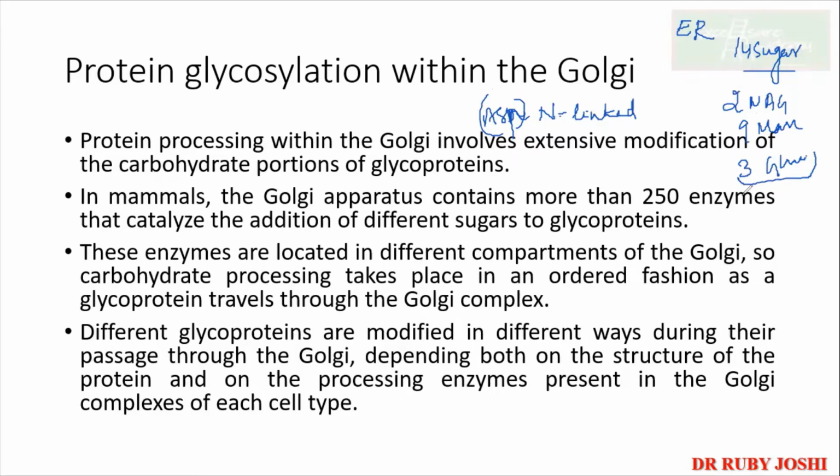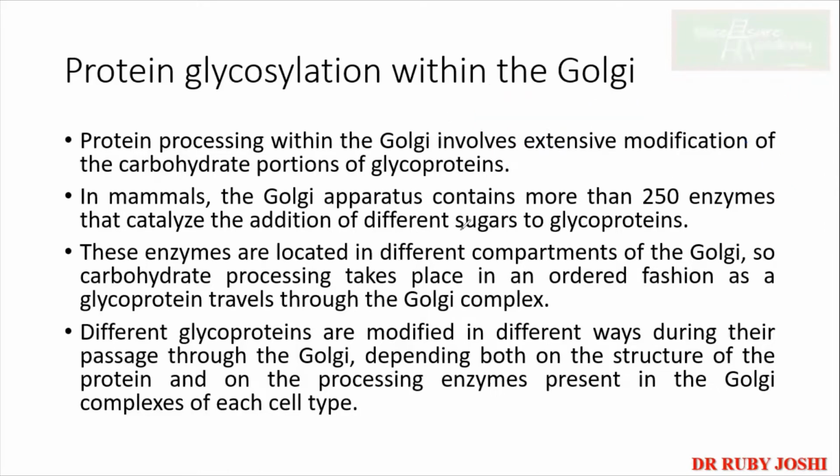Now from there, different glycosylation or modification happens inside the Golgi. In the Golgi, you have more than 250 enzymes, which have different kinds of modification requirements. So whichever enzyme is involved, your protein is modified accordingly, okay? And all these enzymes are located in different compartments of the Golgi. So what does it mean? What is in cis will not be in medial. All these 3 regions have different enzymes, each with its own specific modification role.